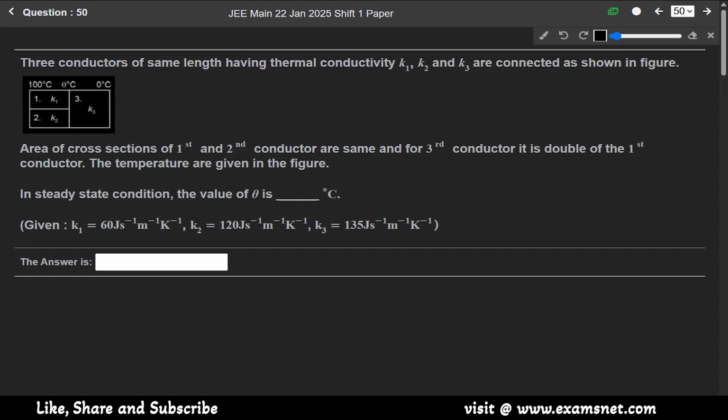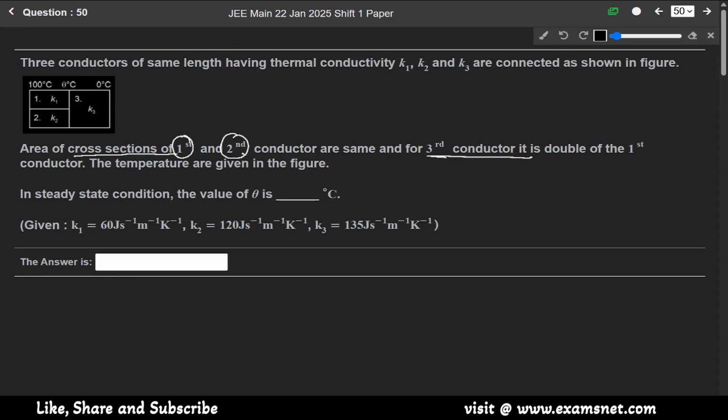Three conductors of same length having the thermal conductivity K1, K2 and K3 are connected as shown in the figure. Area of cross sections of first and second conductor are same, and for third conductor it is double of the first conductor. The temperatures are given in the figure. So according to the question, the area of first and second are same, but the third one is twice that of first.